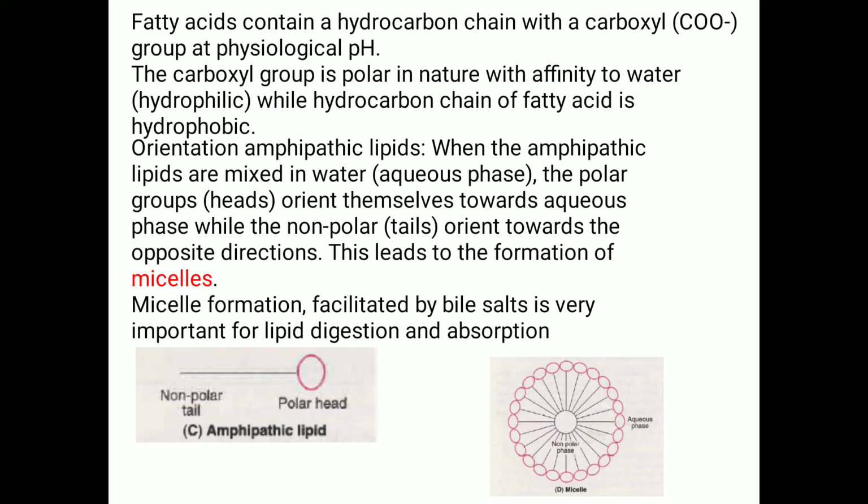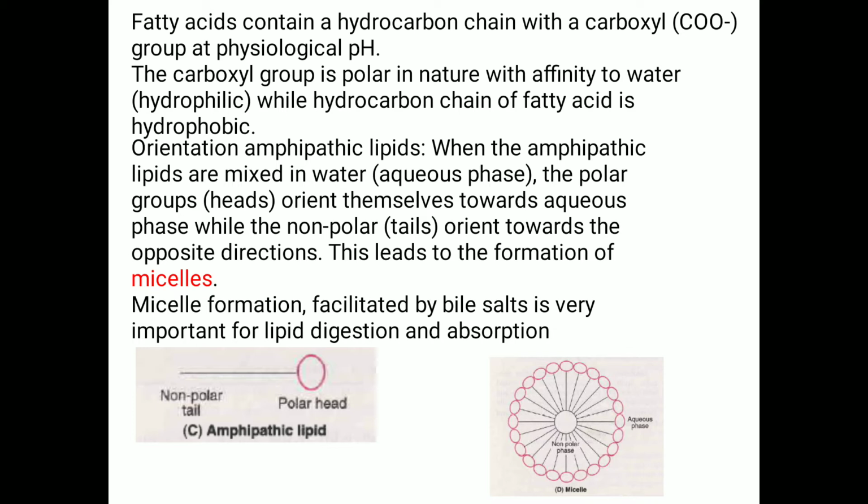When such lipids, which have both hydrophilic and hydrophobic components, are mixed in water, that is the aqueous phase, what happens? The polar or hydrophilic groups orient themselves towards the aqueous phase, while the non-polar tails orient in the opposite direction, that is, inside the core.